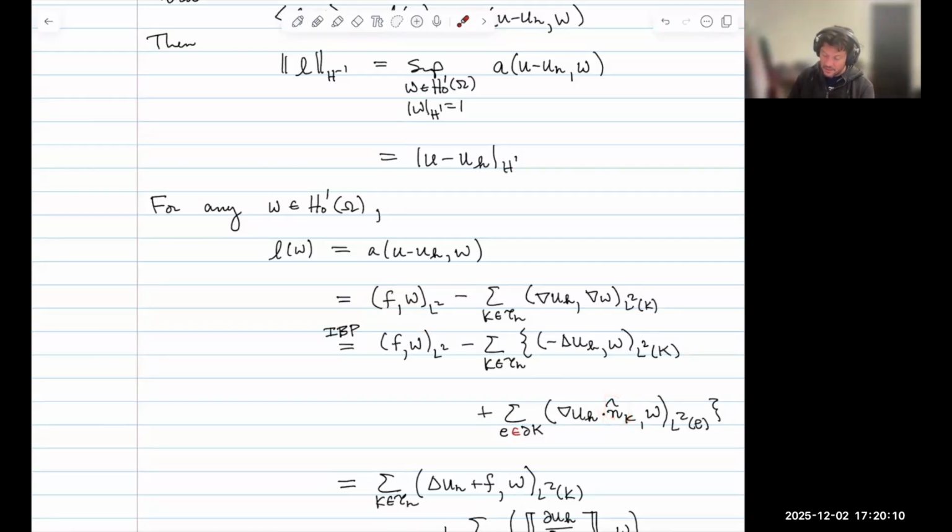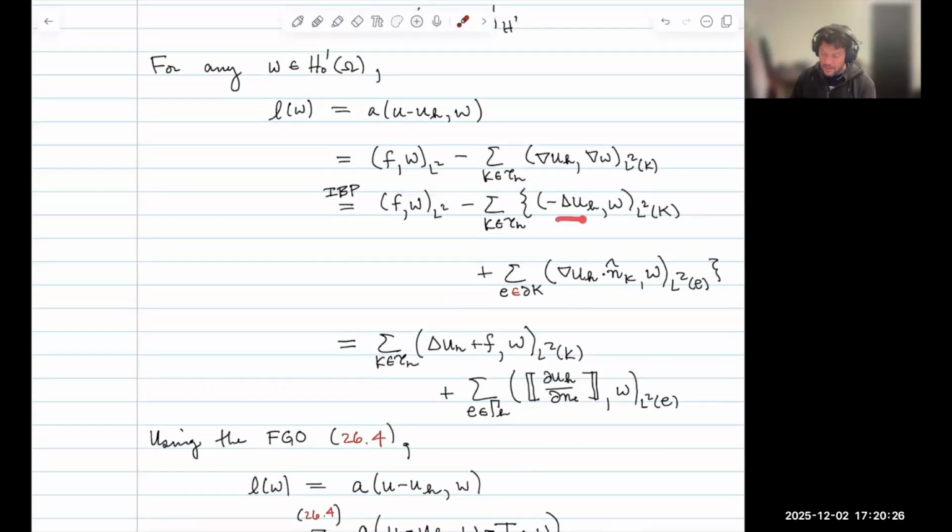It's not necessarily equal to NE, the unit normal for the edge that I picked earlier. That depends on how I define how I count the triangles in my mesh. All right, so I get this term over K, but also have this term over the boundary as well. This boundary term does not go away. This guy is not necessarily zero on the boundary, so I have to account for it.